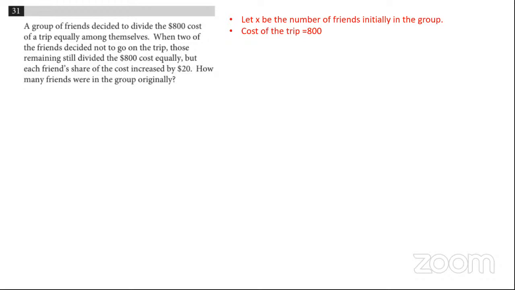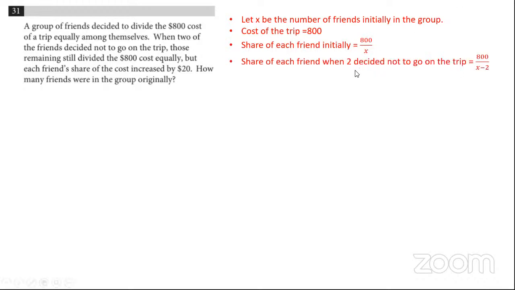It would be basically 800 by X, right? 800 is the cost of the trip, X is the number of friends. So each friend's share will be 800 by X initially. Now, since two of them decided not to go, the number of friends will be X minus 2. So the share will be 800 by X minus 2.